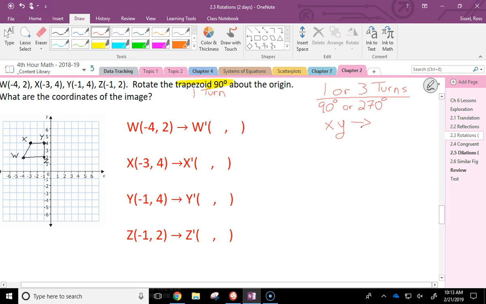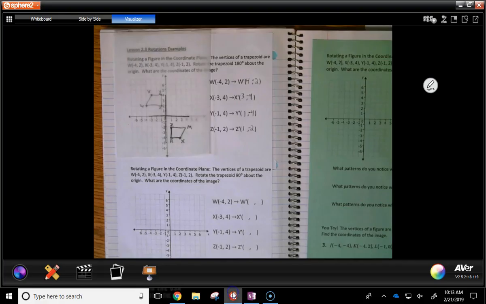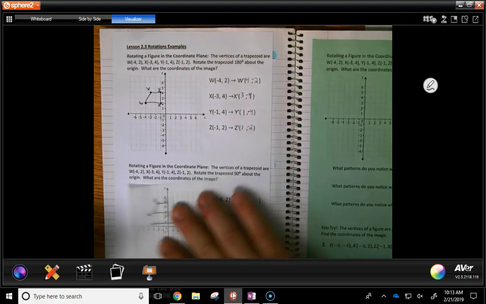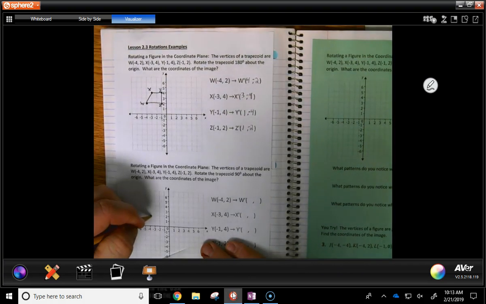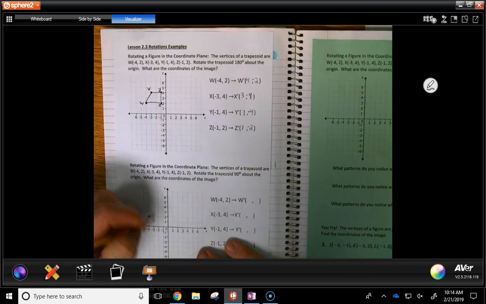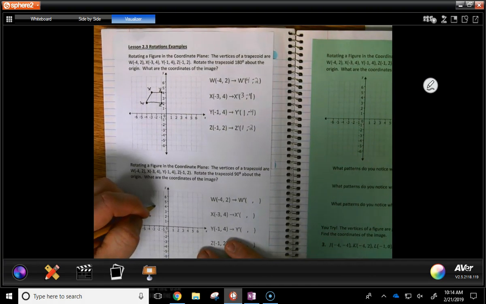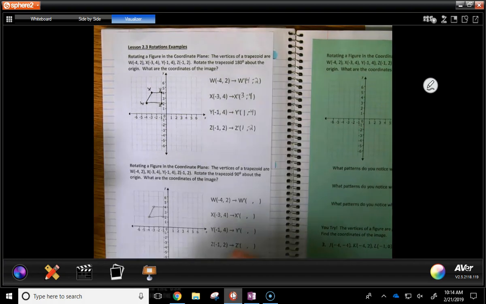Actually, we already have it drawn, don't we? Yep. So let me go to mine. That'll make it easy. So if I'm on this one, should already have it drawn. -3, 4. I'll go ahead and do mine real quick. Okay.